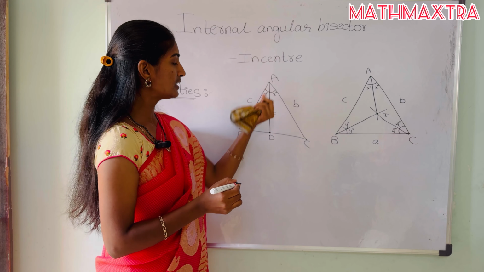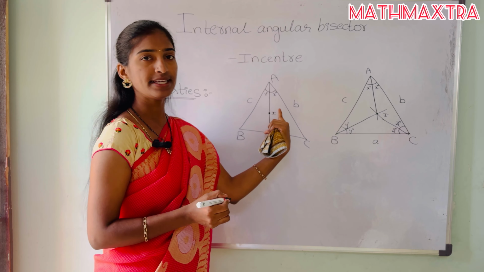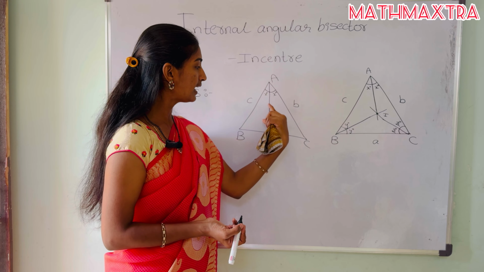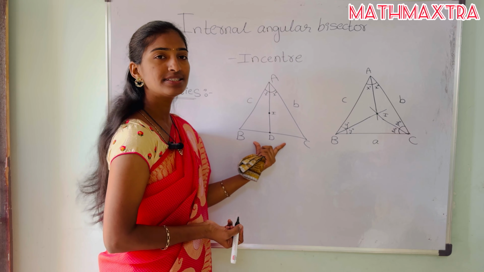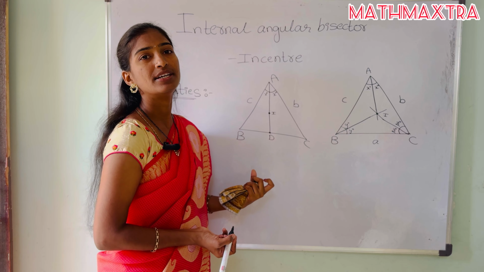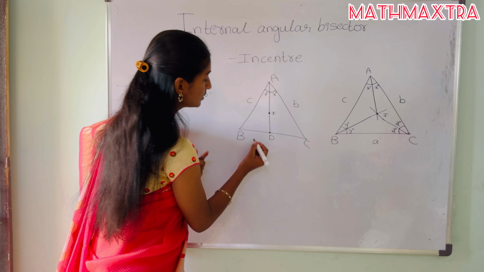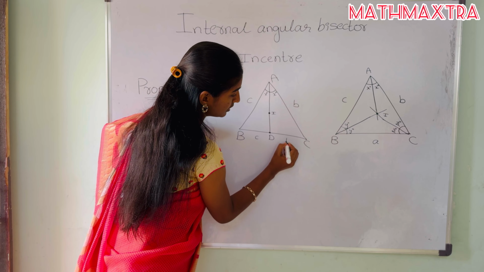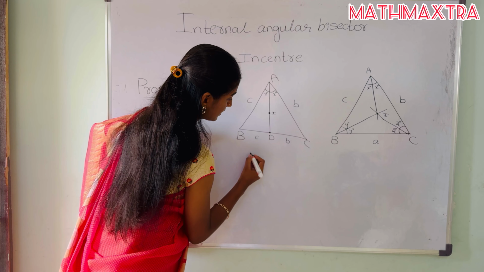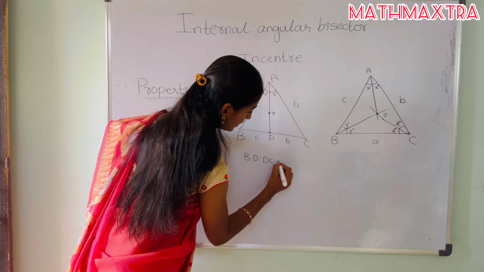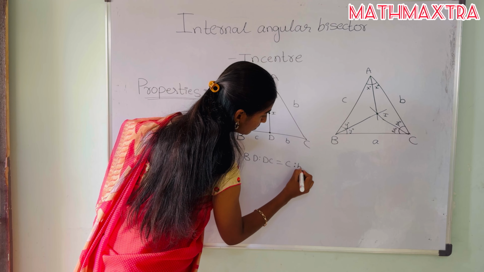So how does this internal angular bisector AD divide the side BC? In the ratio of the remaining two sides. If this is c, then BD is c, and if this is b, then DC is b, which is nothing but BD is to DC equals c is to b.